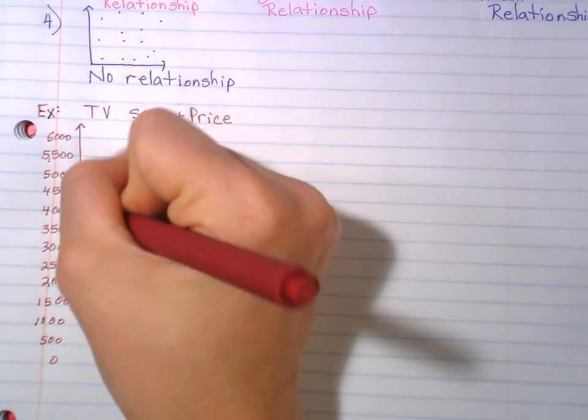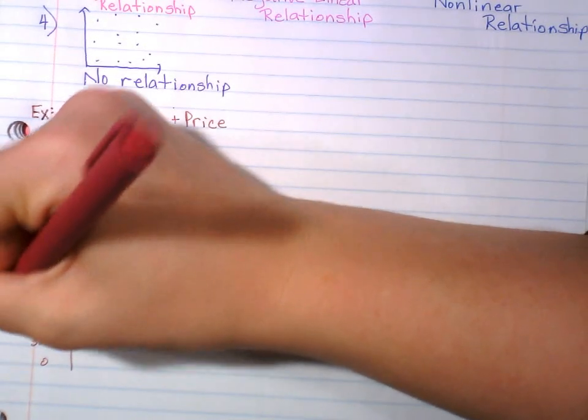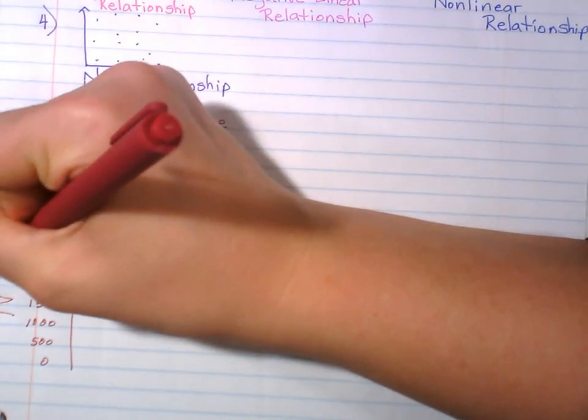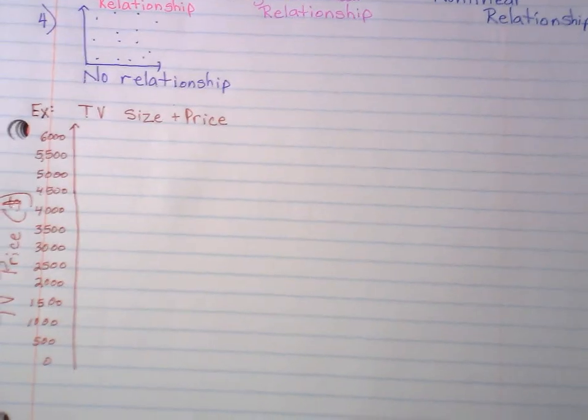So the y-axis is going in increments of $500. So this is the TV price, TV price in dollars. Okay?